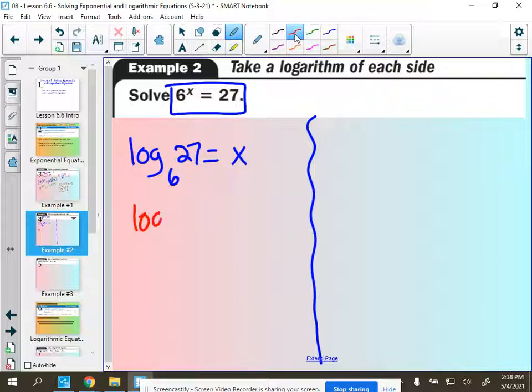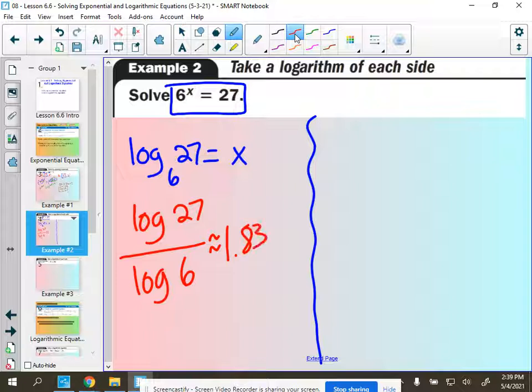I'm going to switch to the common log and use just the log of 27 and divide that by the log of 6 and be done, basically. So let's see, log of 27. I need the calculator. I can't do it without. Divided by the log of 6. Here's what my calculator says. 1.839394.